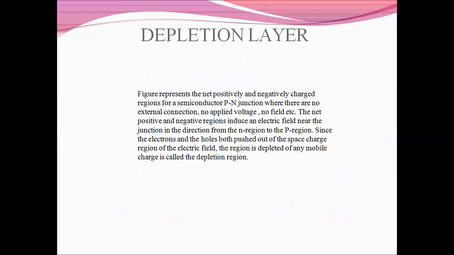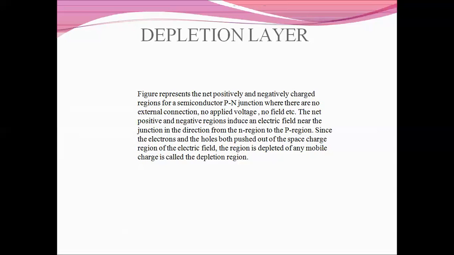The figure seen before represents the net positively and negatively charged regions at a P and N type material junction, where no external electric field is applied, that is, no external connection.